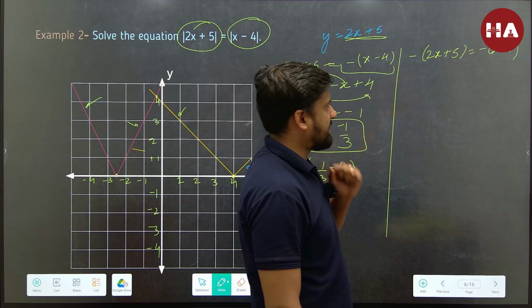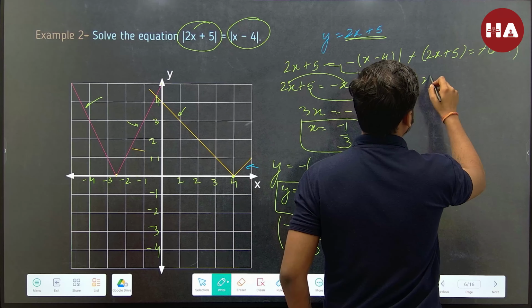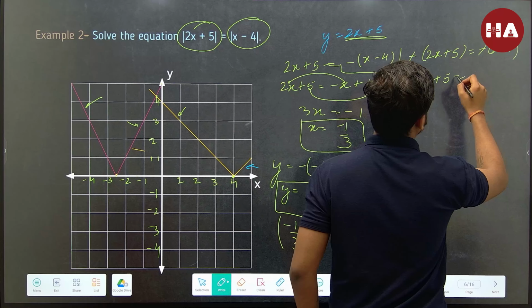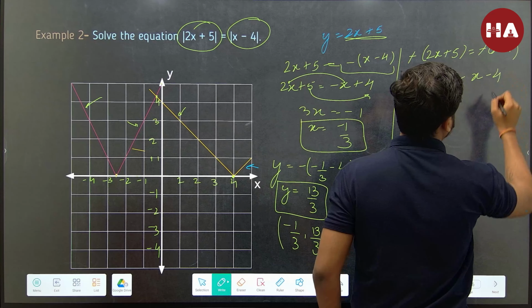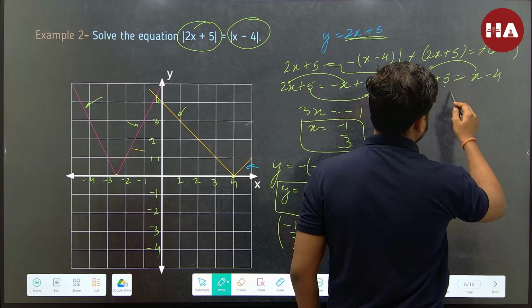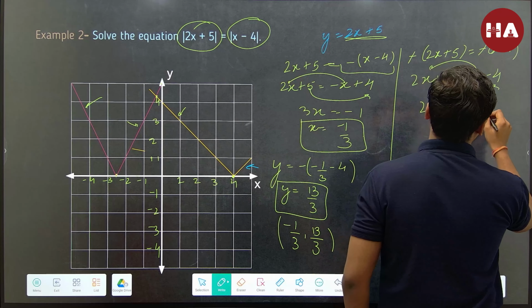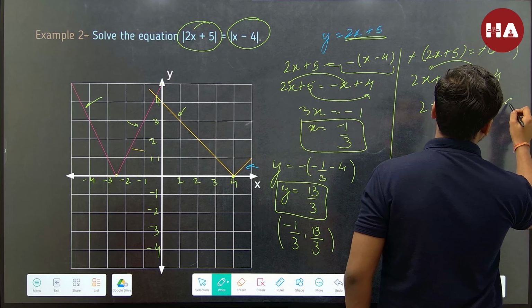Now let's solve the second one. Let's cancel out the negative and the negative, and I'll get 2x plus 5 equals x minus 4, right? So let's shift it there and let's shift it here. So I'll get 2x minus x equals minus 4 minus 5.